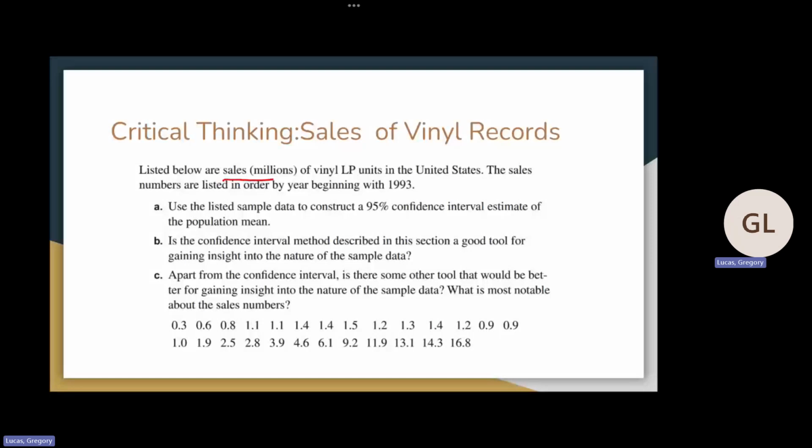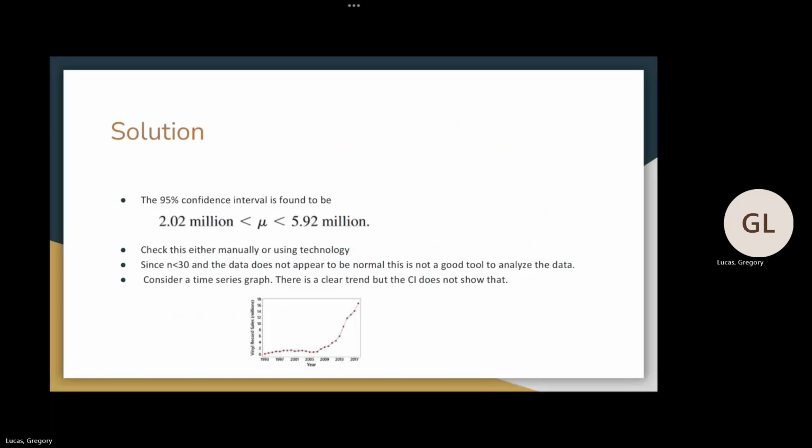And the sales numbers are listed in order, and 1993 would be that first value. So our confidence interval here would be 2.02 to 5.92.